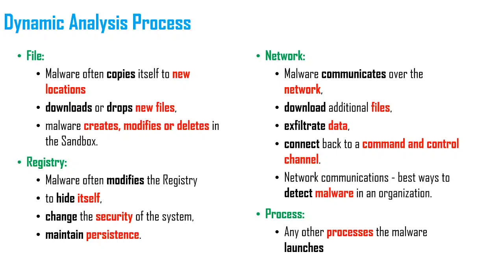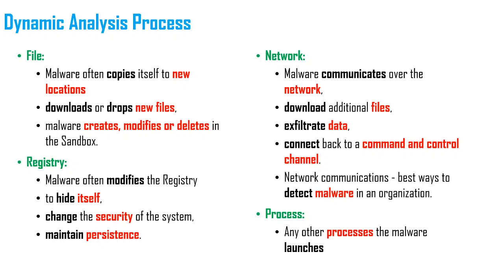And regarding the network, malware used to communicate over the network for what purposes? To download additional files, to exfiltrate data, to connect back to a command and control C2 server. By connecting to this C2 server, it may retrieve some information from the malware author itself. This network communication is the best way of detecting the malware in an organization.